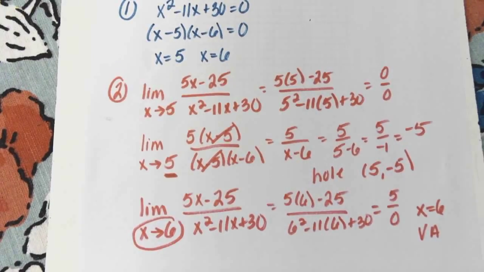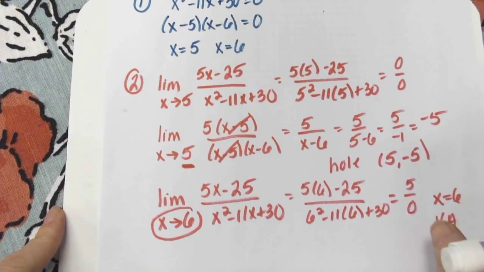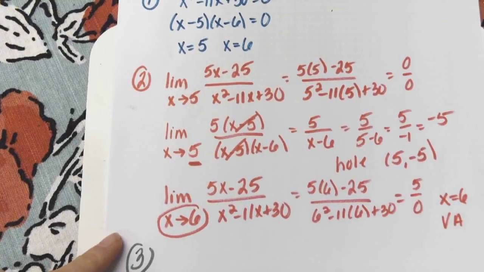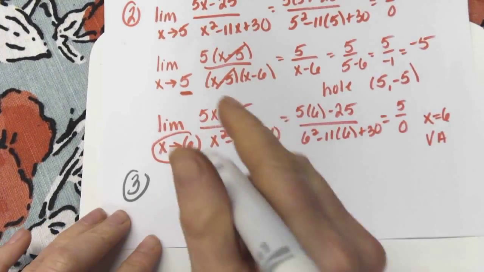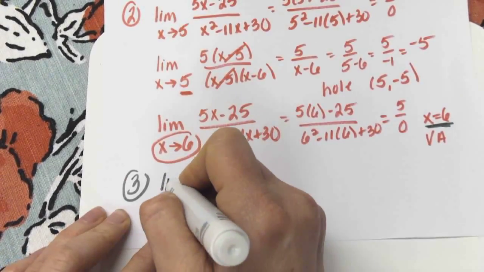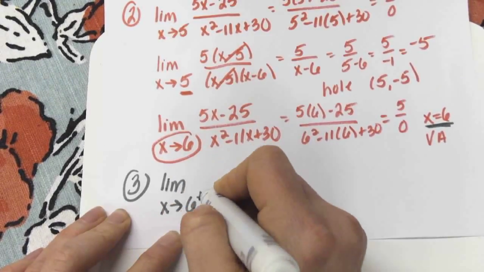Okay, next thing I'm going to do, step 3, is find out what's happening around that vertical asymptote. Step 3, I want to find out what's happening around 6. So I'm going to do the limit as x approaches 6 from the right.